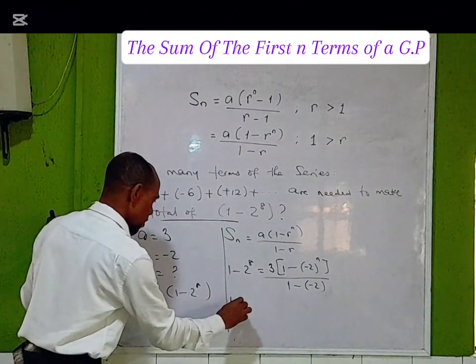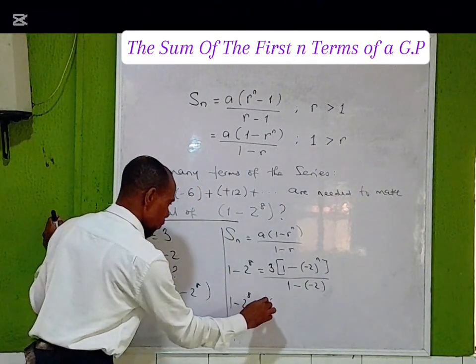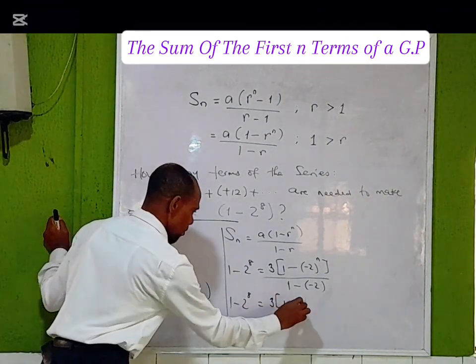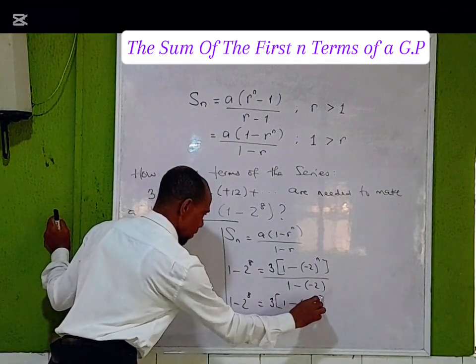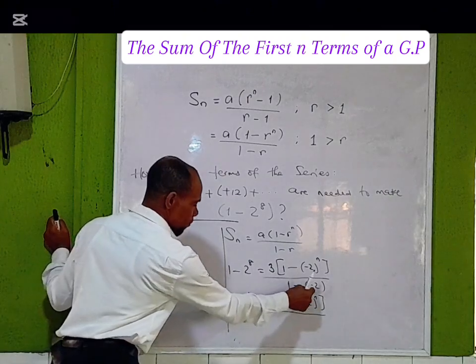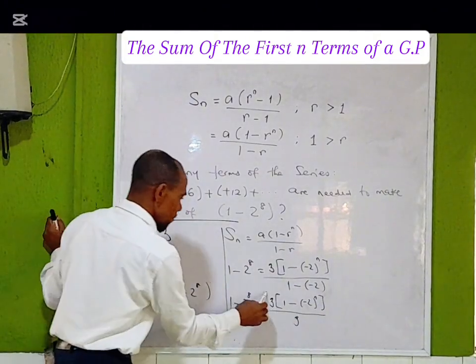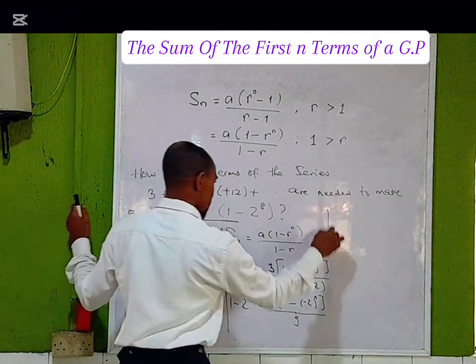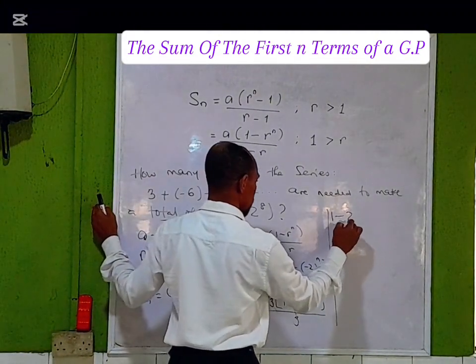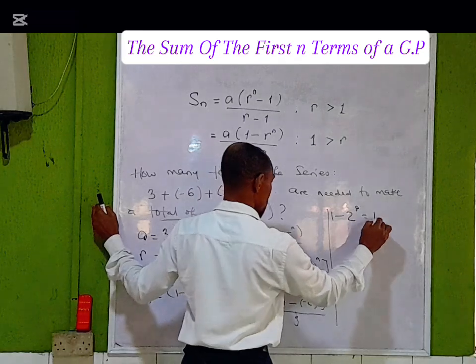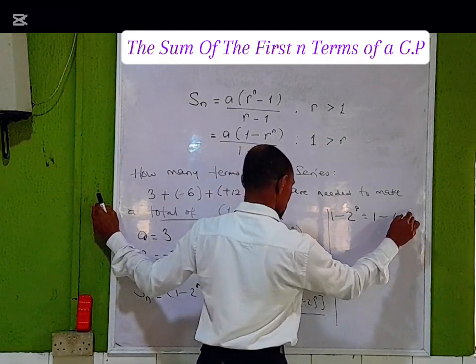So on the left hand side we have 1 minus 2 power 8 equals 3 bracket 1 minus minus 2 power n over 1 minus minus 2. That's going to be 1 plus 2, which is 3. So essentially, these 3s cancel out. We are left with 1 minus 2 power 8 equals 1 minus minus 2 raised to power n.